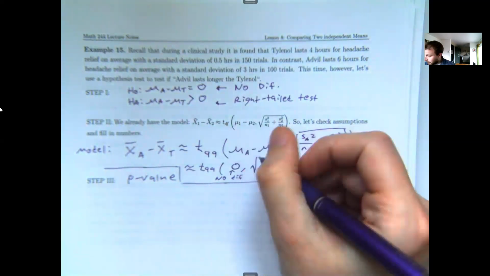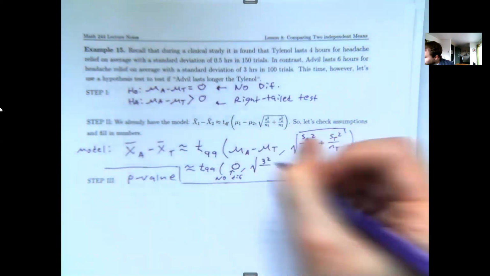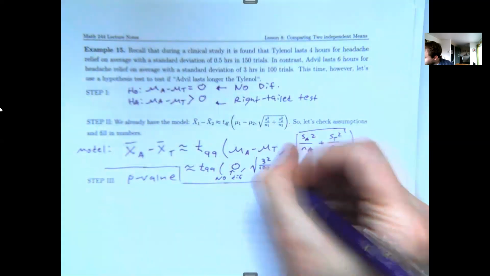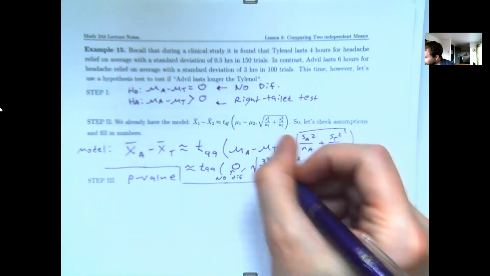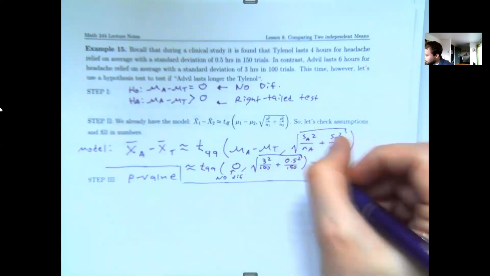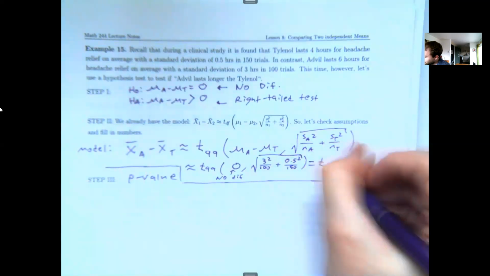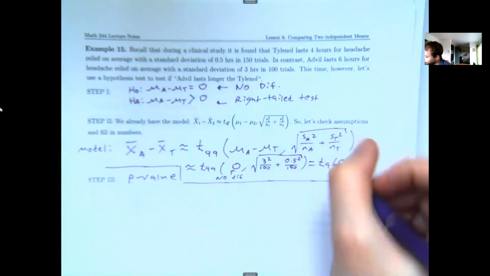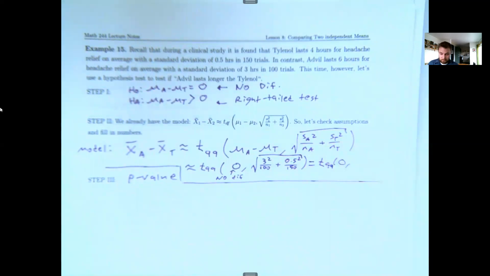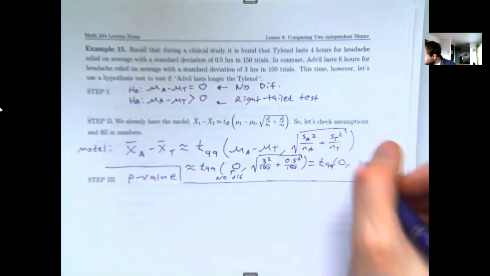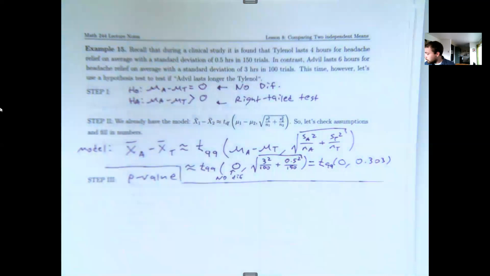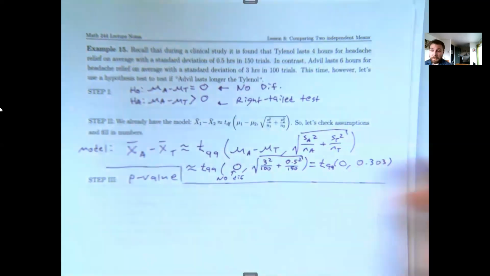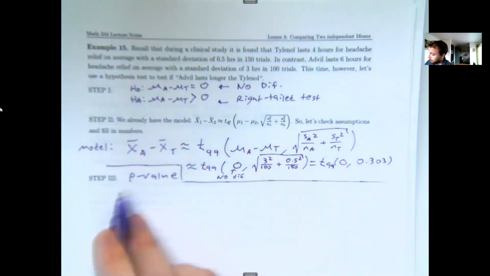Standard deviation, I have 3 squared over 100 for one of my groups, 0.5 squared over 150 for my other group. I'm going to type this into my calculator and see what I end up getting for that standard deviation. DF is 99 still. And I believe I get 0.303 units hours.